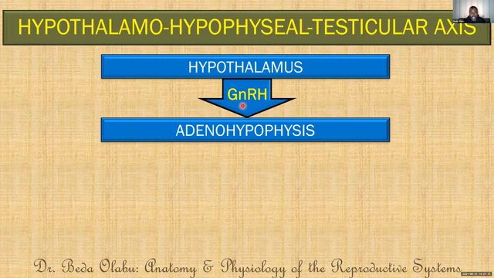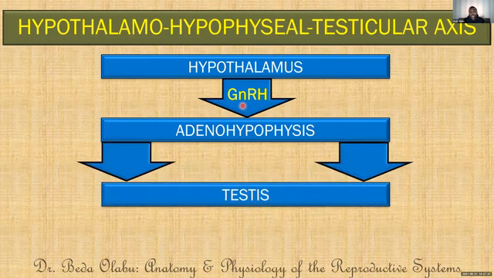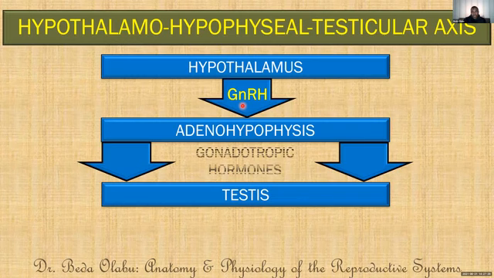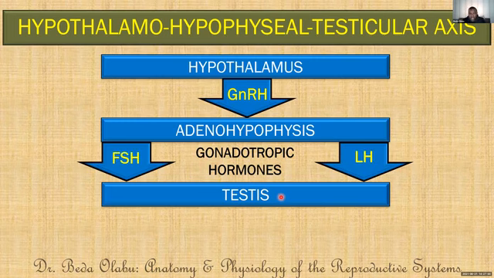As the name suggests, that hormone promotes the release of gonadotropins. And what are we calling gonadotropins? The gonadotropic hormones are those hormones which are tropic to the gonad. In this case, the gonad is a testis. So which hormones are tropic to the gonad? The hormones which are tropic to the gonads are the follicle stimulating hormone, as well as the luteinizing hormone.